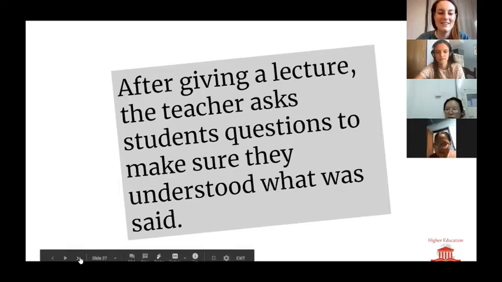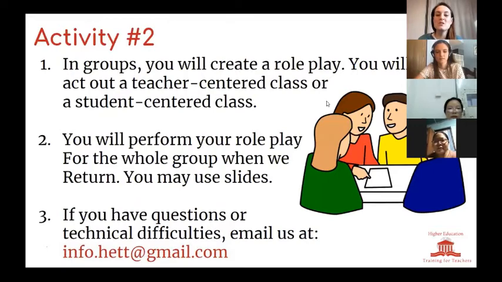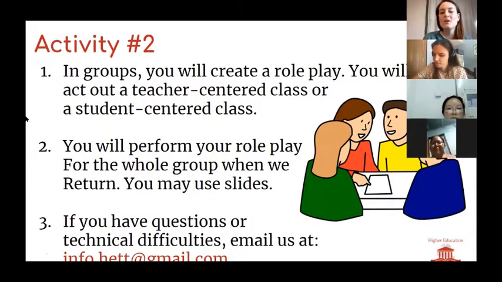Okay, good. So in groups, you will create a role play. You act out a teacher-centered or a student-centered class. I will put you into two groups.